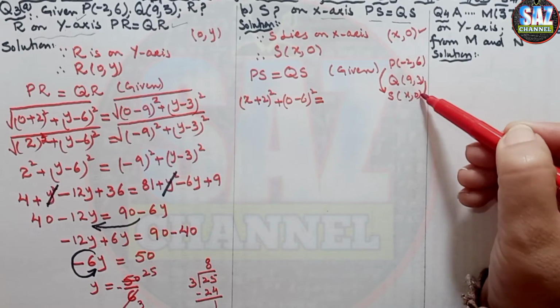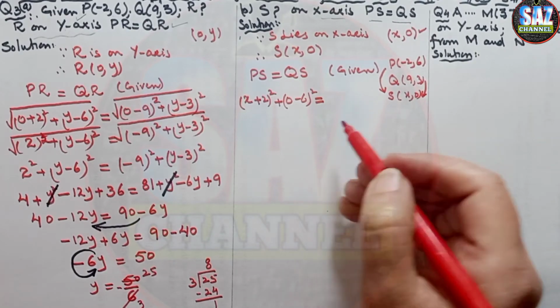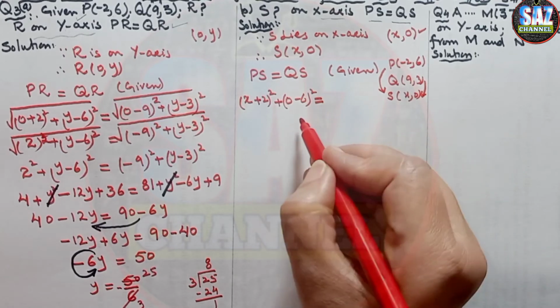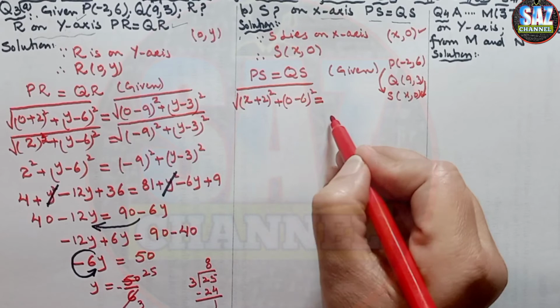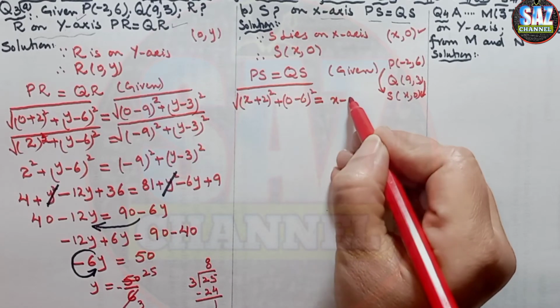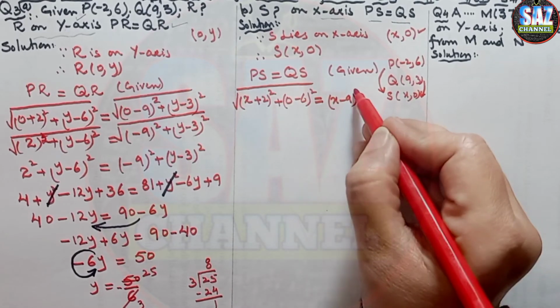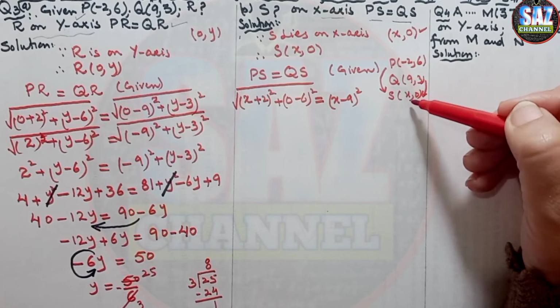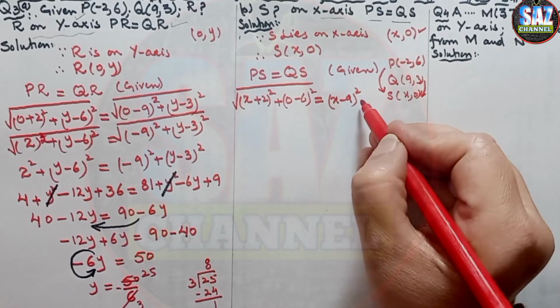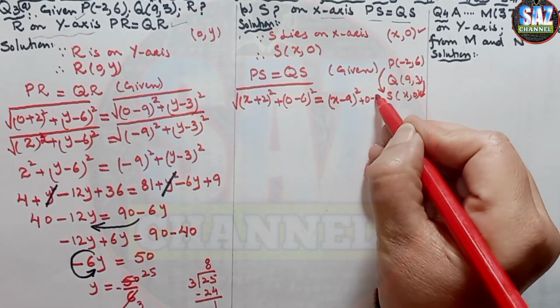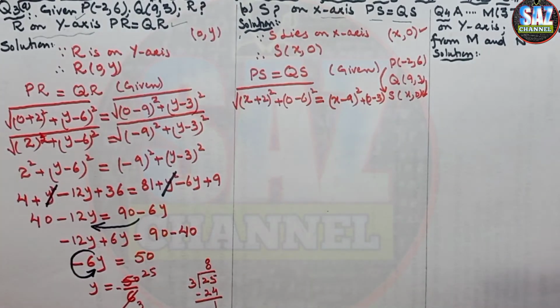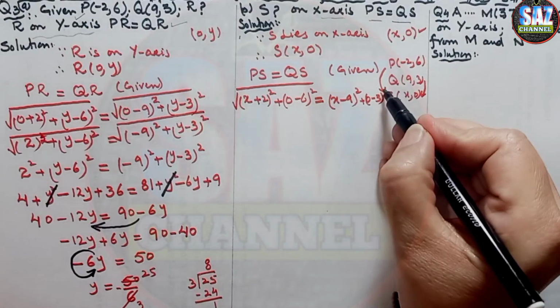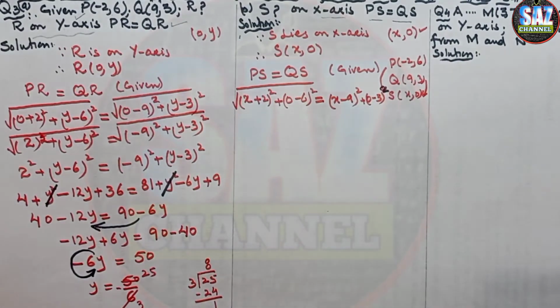Now we have to find the distance between these 2 points, and this will be x minus 9 whole square, QS, and 0 minus 3 whole square. Let me put the square with a different pen so that my students can see it easily.